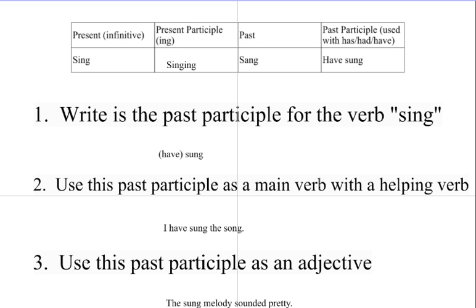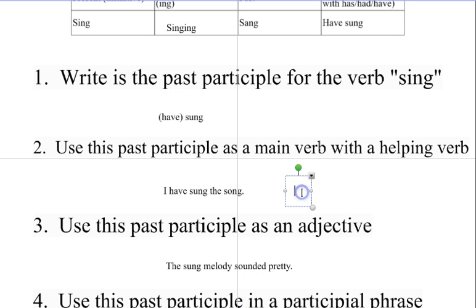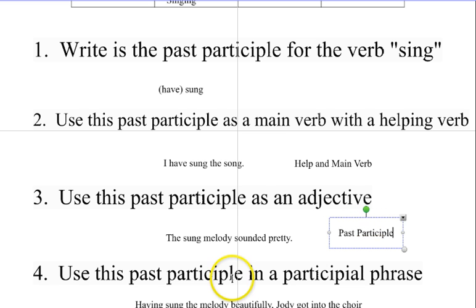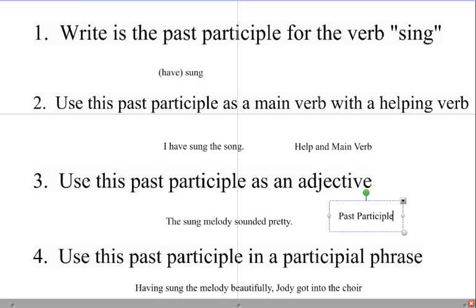I'm just going to go back though and remind you of the fact that I've done this already, right? So here's where I used it as a verb, where I used it as a helping and main verb, right? "Have sung," working with the "I." Here you see me using it as a participle, right? And it's "sung melody," so it's describing melody, past participle.